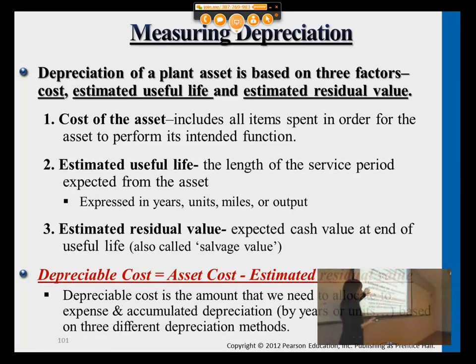So the residual value is the expected cash value after you use it to the very last year. If you sell it to other markets, the second-hand market, what is the cash value that you can get back for that asset? So it's the leftover value for each and every asset.